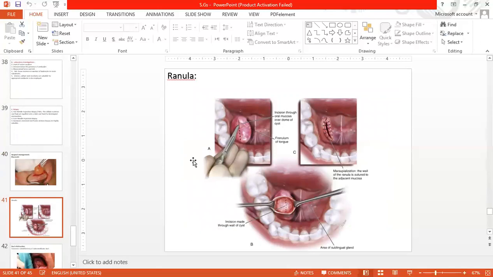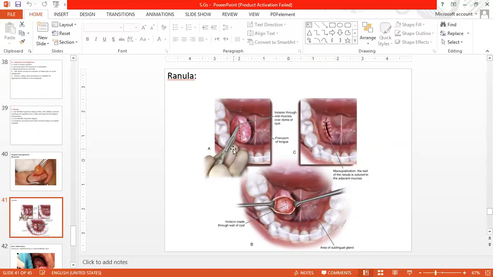For the ranula, we have two techniques. The first technique is marsupialization, or deroofing, which is opening the top of the ranula and suturing the lining of the ranula to the floor of the mouth, leading to draining of the saliva into the oral cavity.